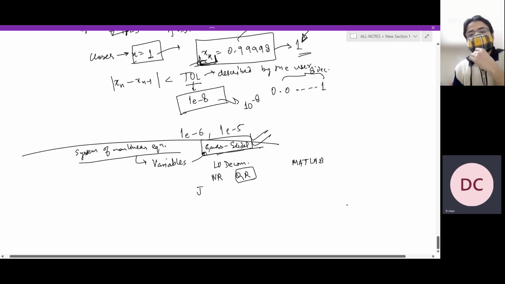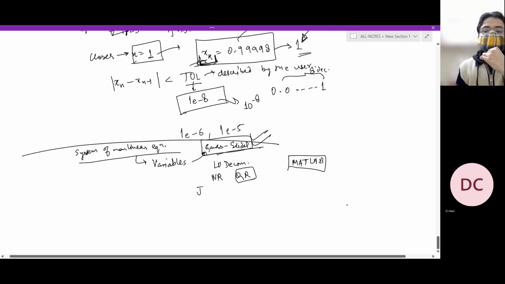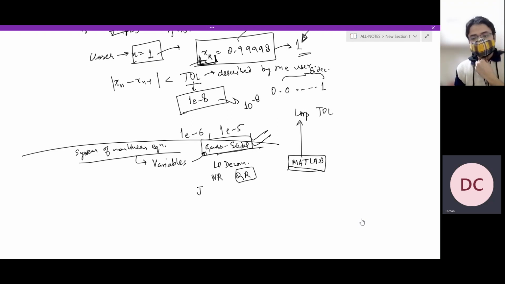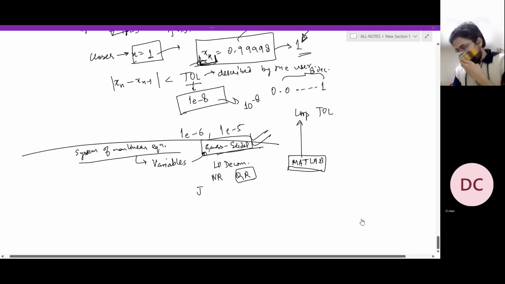I took that subject too, sir. Okay. So if you want, we can pick up some codes for these types of methods where they're using loops and conditions for tolerance. That depends on you. If you want to, just let me know.